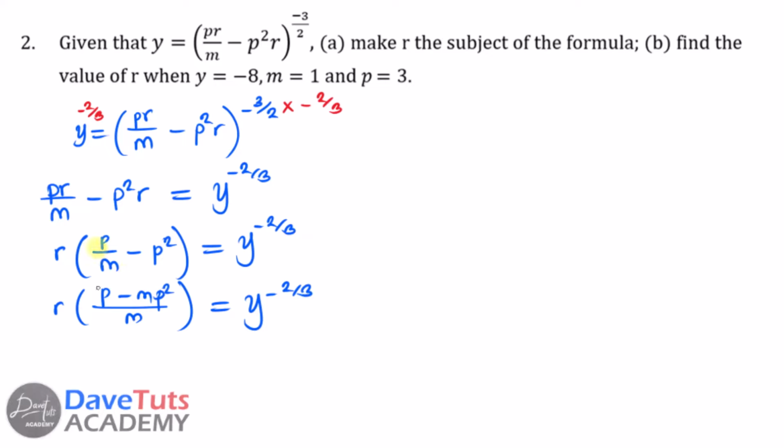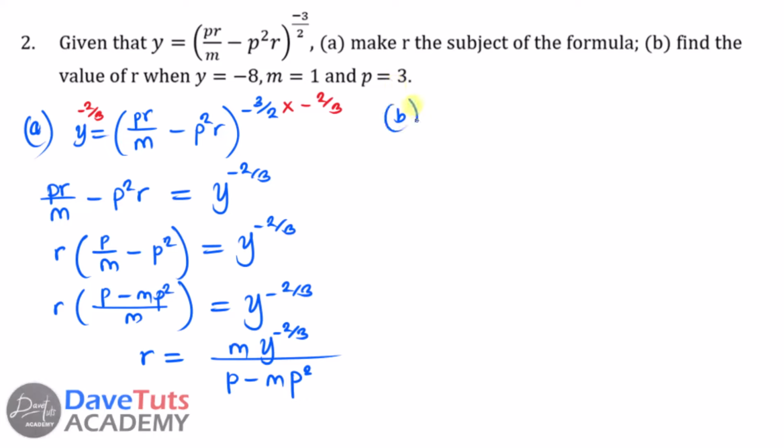Now I choose to cross multiply. In that case, r will be m multiplied by y raised to power minus 2 over 3 divided by p minus m p square. So this will be the solution to part A of the question.